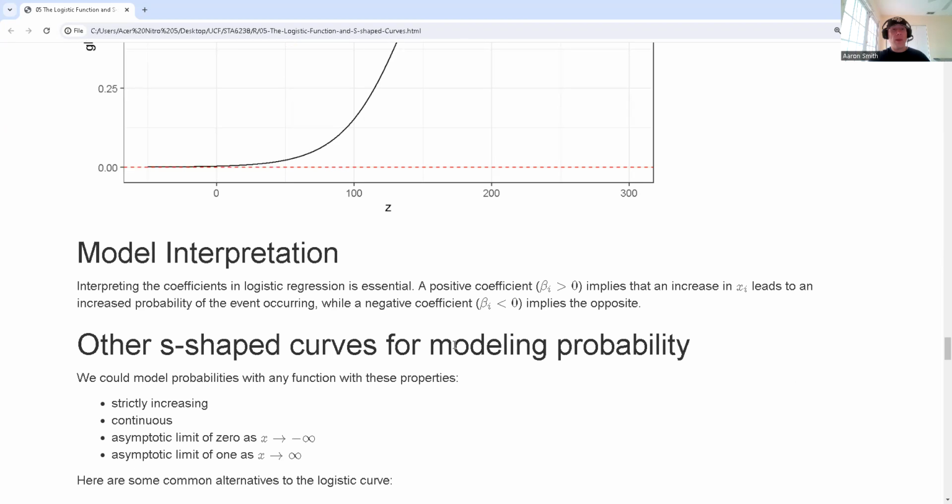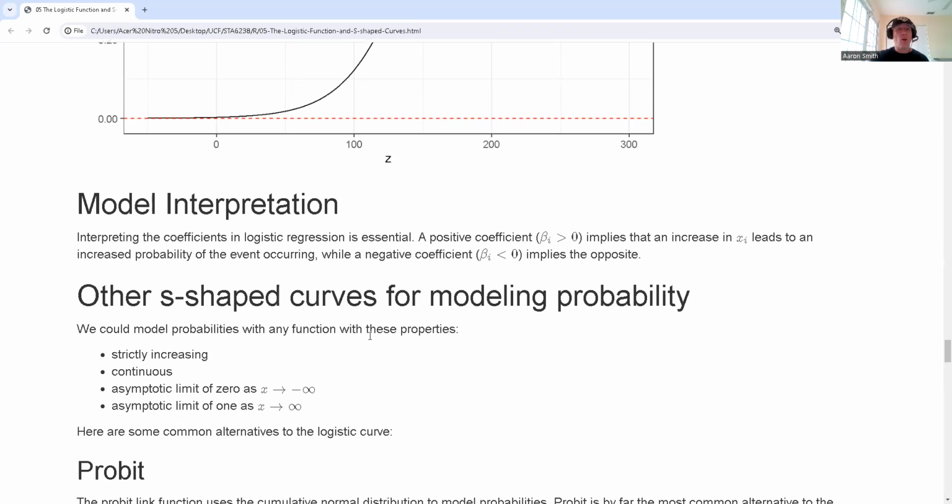And with a positive slope, we know that it's going to be increasing from left to right, so as the glue increases, the probability of type increases also.